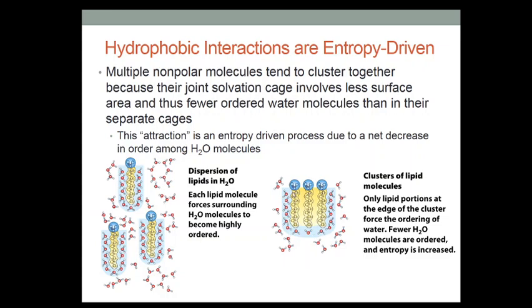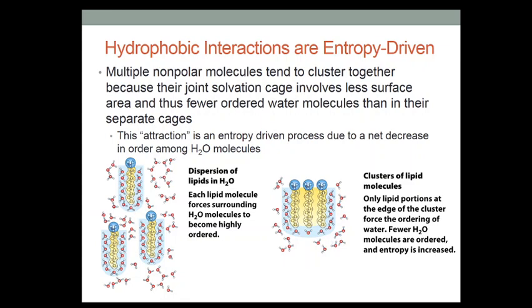So basically you have a defined peripheral surface area that is surrounded by ordered water molecules. So in reality, the clustering of nonpolar molecules leads to an overall decreased surface area that has to be surrounded by water molecules. The individual hydration case shown on the left-hand side actually yields a higher surface area than the clustering case shown on the right-hand side.